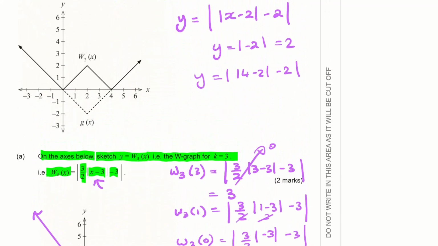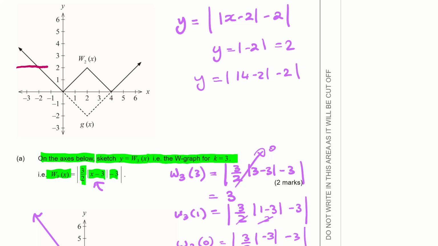And the same was true if we had w_2(x) equals 2, would give us a, sorry, not there, that's the y-intercept. Solution there, not a solution here. Let's try and get rid of that. And a solution over there.